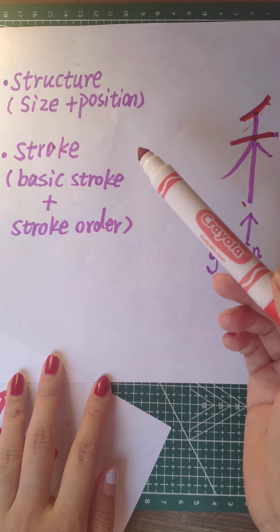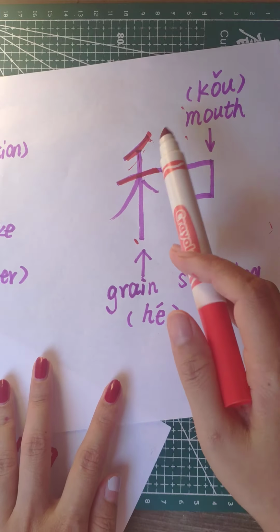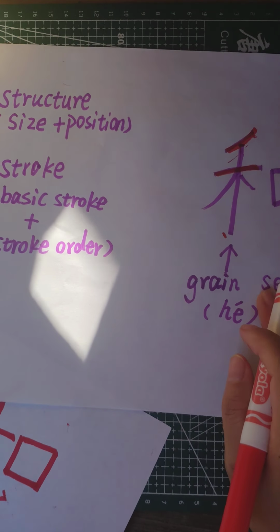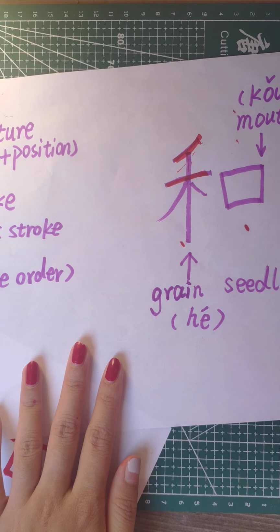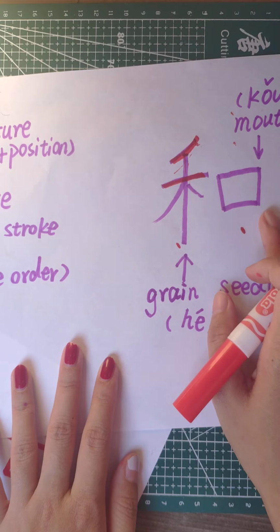And then after structure, you need to observe the stroke, including how many basic strokes are there. And then what's the stroke order? The stroke order is from top to bottom, from left to right.